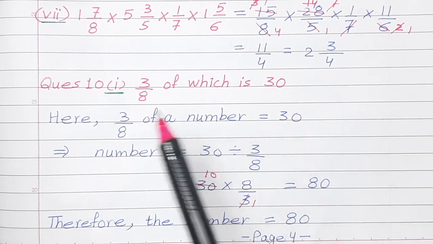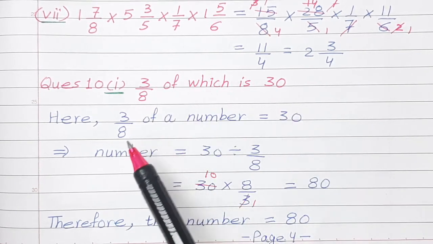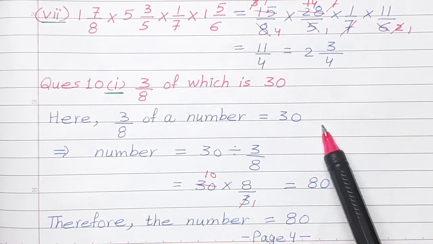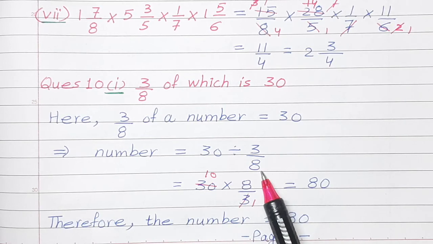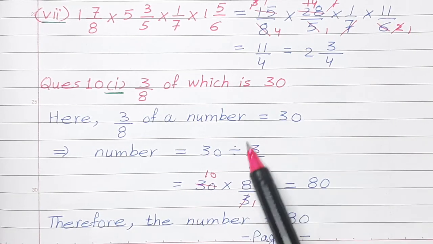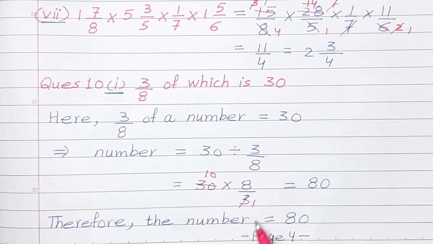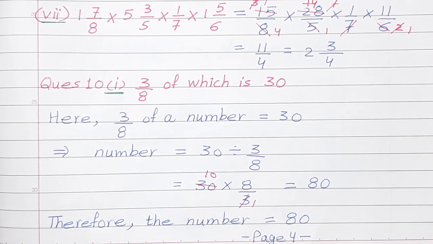Now children, here 3 upon 8 when it goes to other side, that is from left side to right side, it is 30 divided by 3 upon 8. Or you can write 30 multiply by 8 upon 3. So here after simplification, the answer is 80. Therefore, the number is 80.